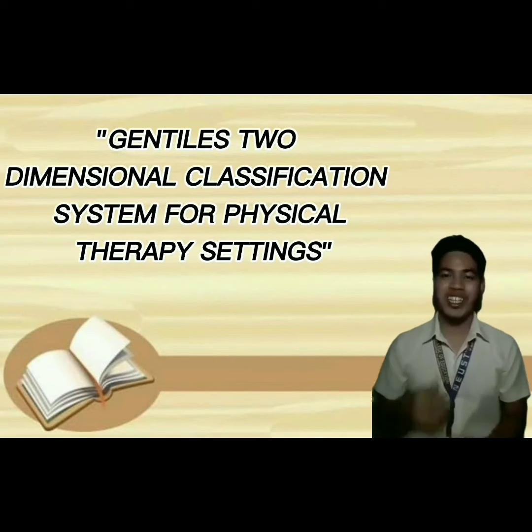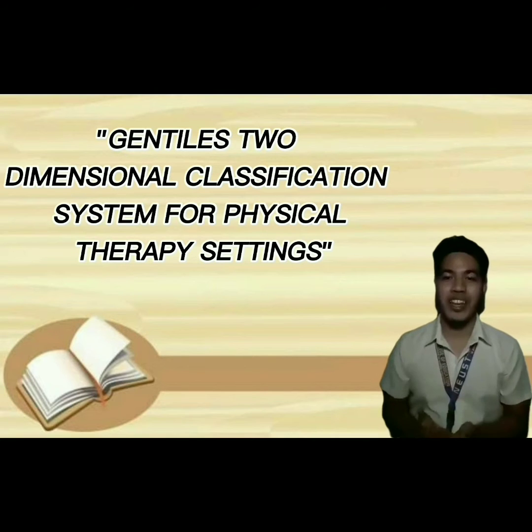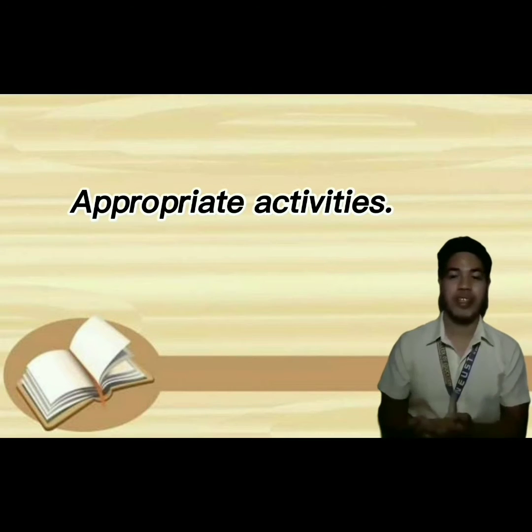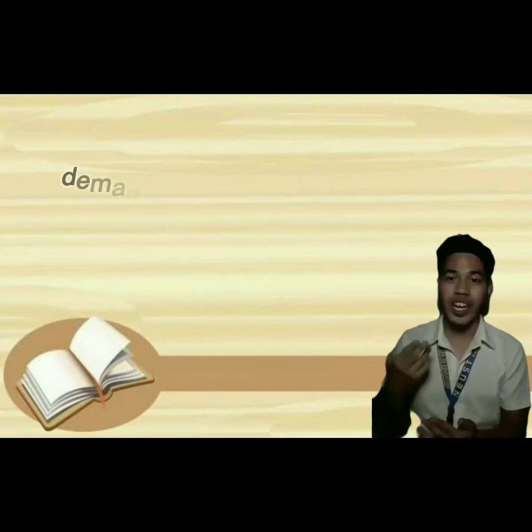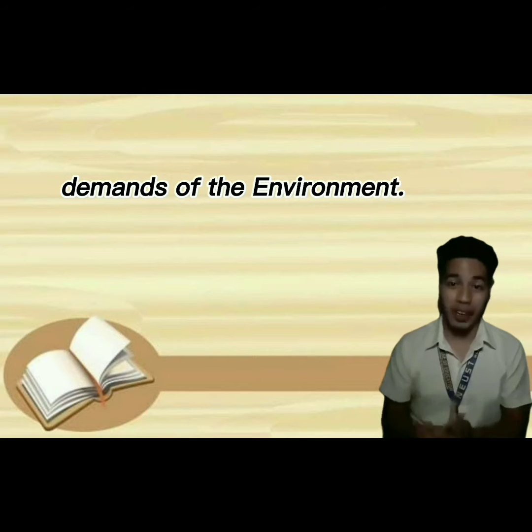Gentile's two-dimensional classification system for physical therapy setting. To provide the physical therapy setting, we need to evaluate the patient by determining appropriate activities. And because of that, the dimensional classification system considers both the requirements of the action and demands of the environment.